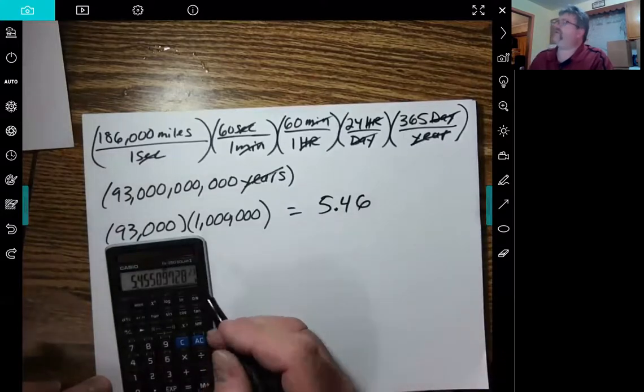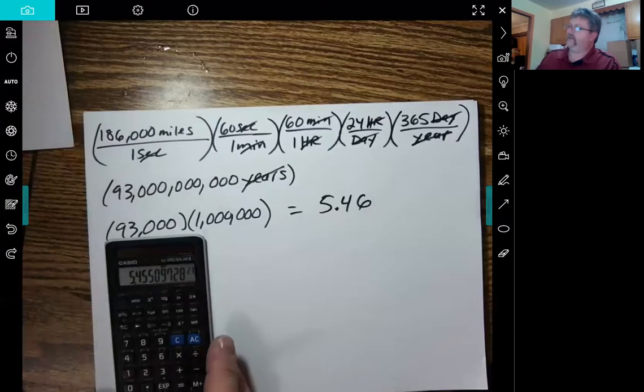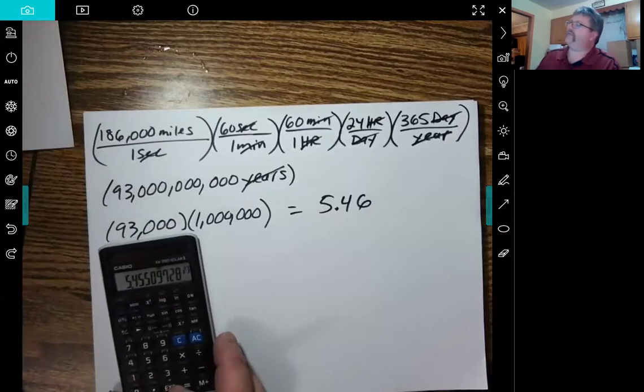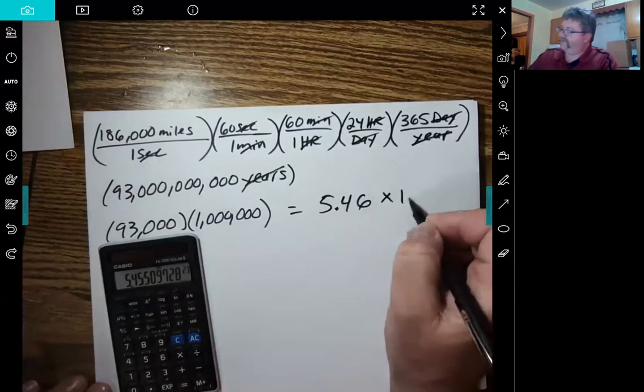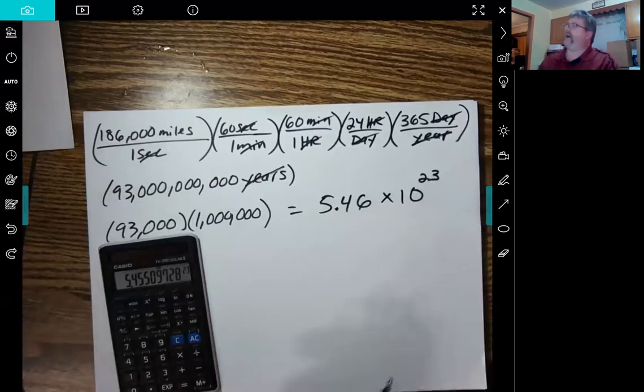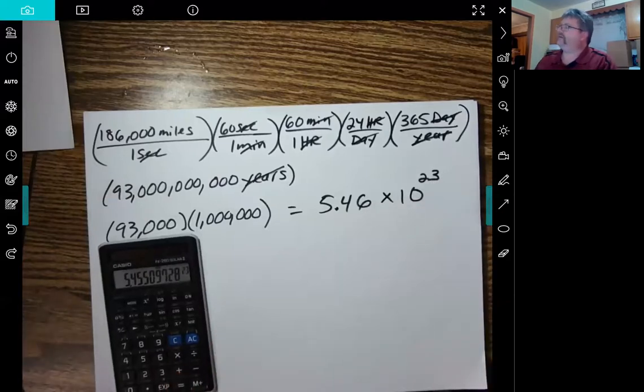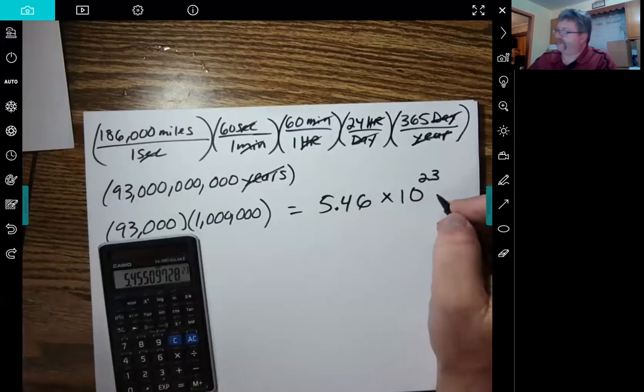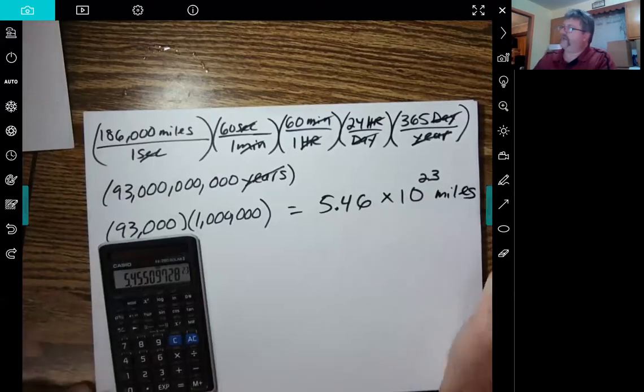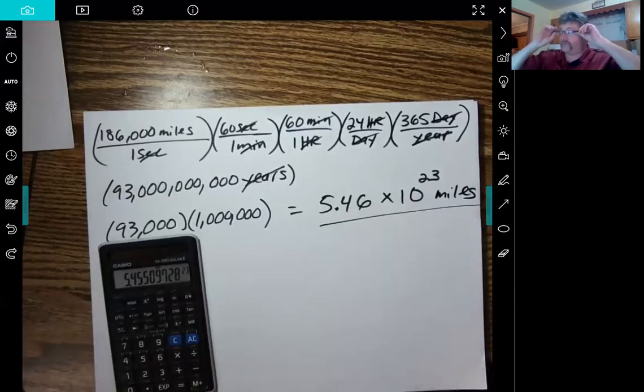And you see over here in the corner, there's a little 23 tucked up there. That means 5.46 times 10 to the 23rd power. Miles. That's how far across the observable universe is.